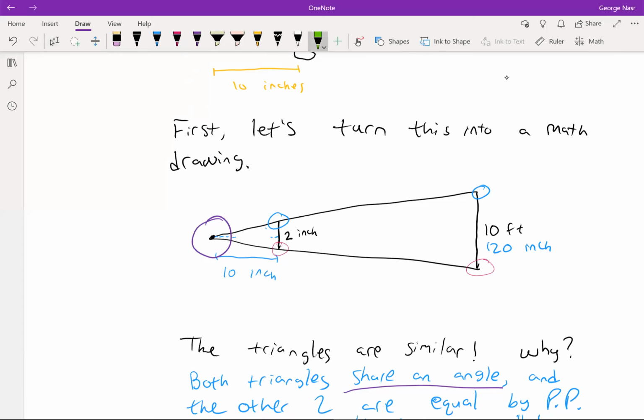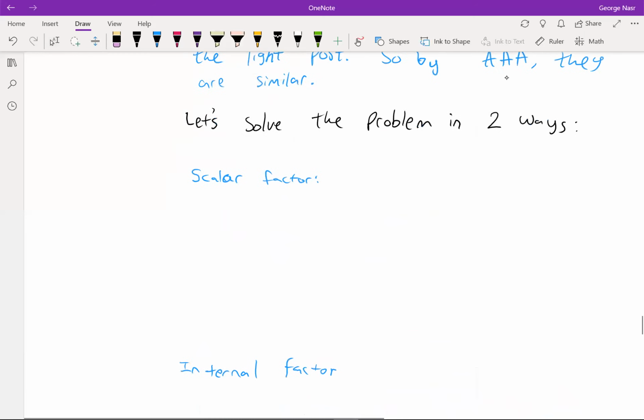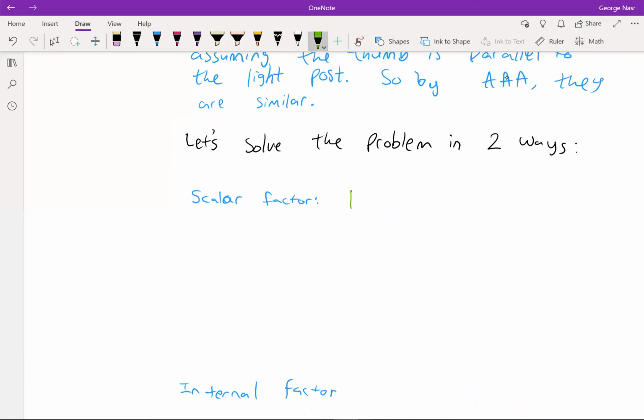In this case, the only two things we see in common are these 2 inches and this 120 inches right there. So what is the scale factor? If k is the scale factor, k is 120 divided by 2, which equals 60.